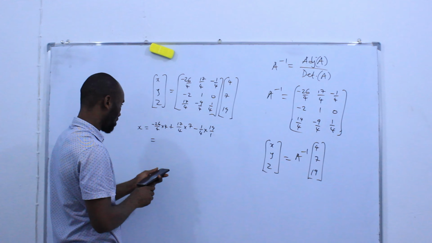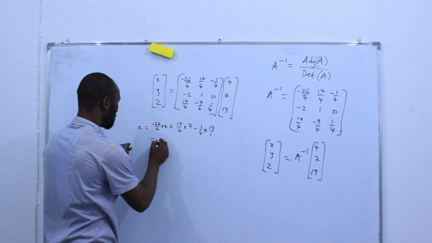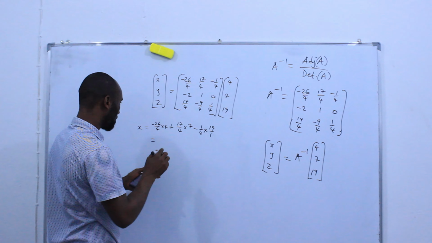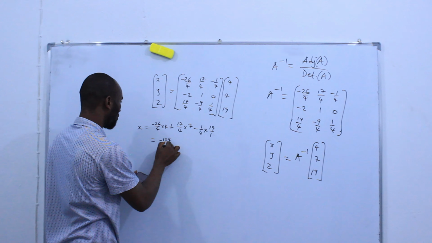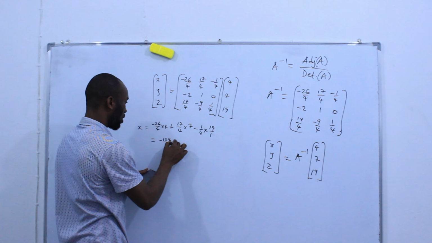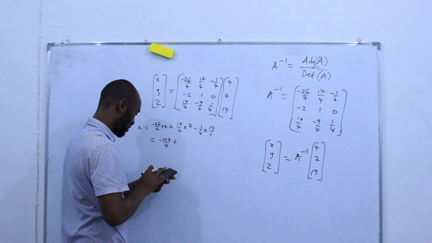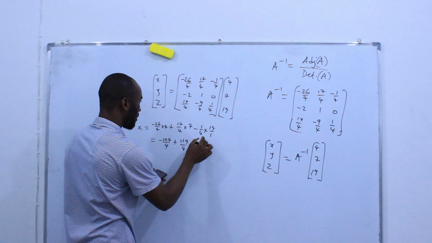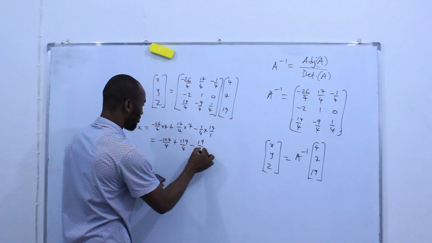Minus 26 times 4 is minus 104 over 4, plus 17 times 7, which is 119 over 4, minus 19 over 4.